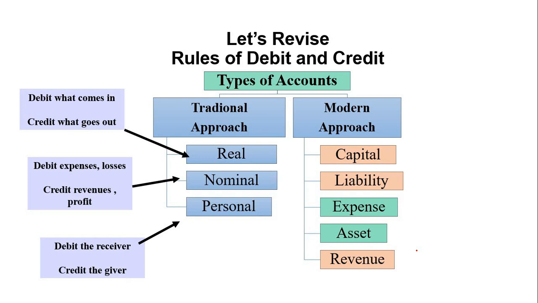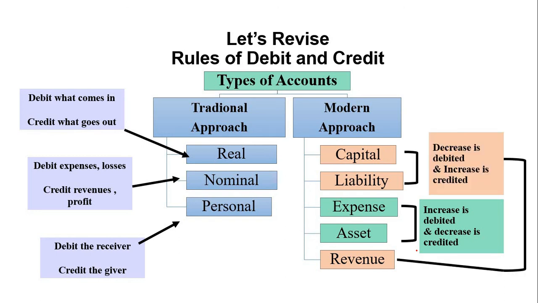For the modern approach, there is no need to remember 5 rules. For expense and asset, increase is debited and decrease is credited. And for the remaining 3, that is capital, liability and revenue, decrease is debited and increase is credited. I hope these rules are clear to you, and these are in fact the basis for your further accounting.